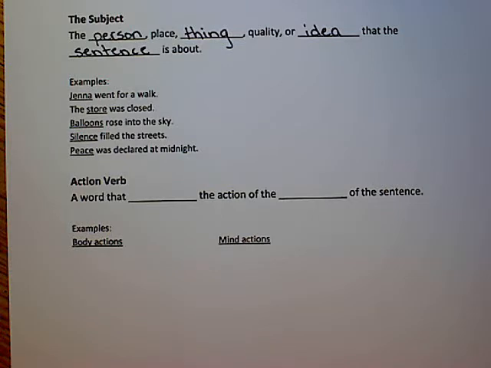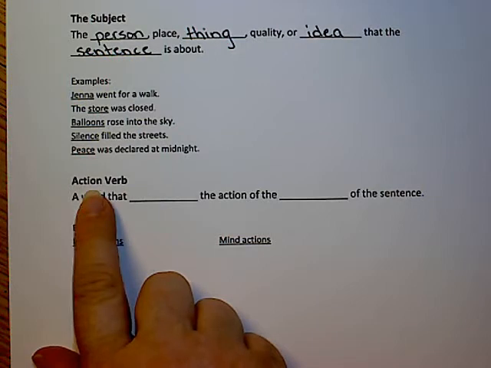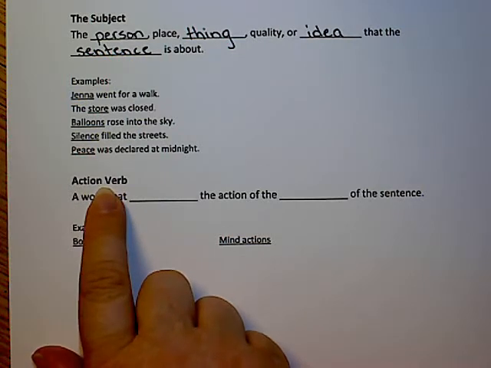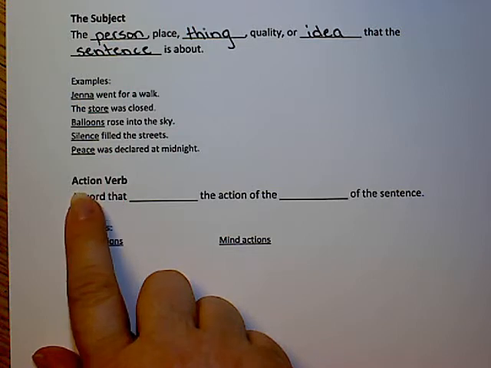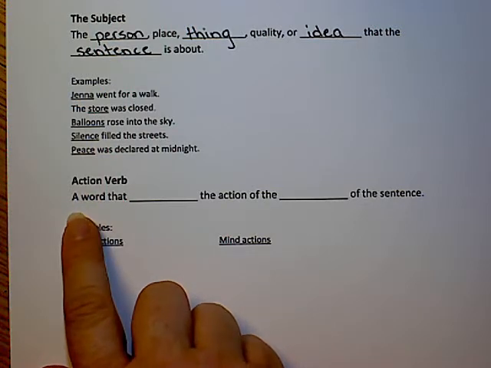Now there are two types of verbs. The second kind of word that we have to include in a sentence is a verb. And we're going to talk about action verb first. So the action can be something that a person does with his body or something the person does with her mind.